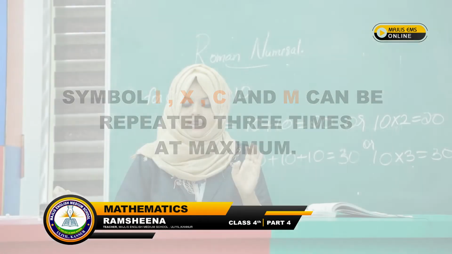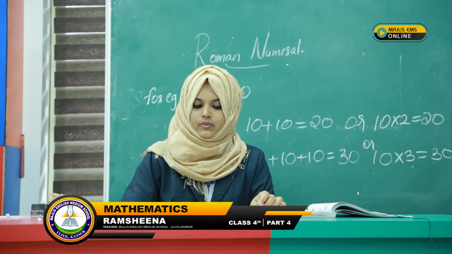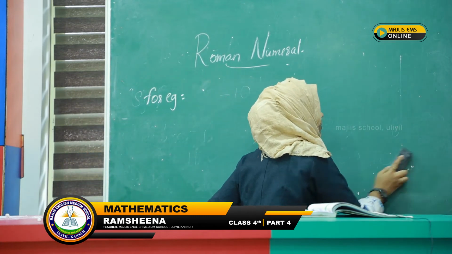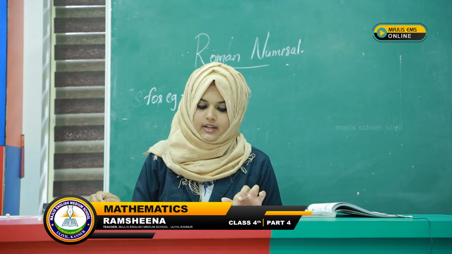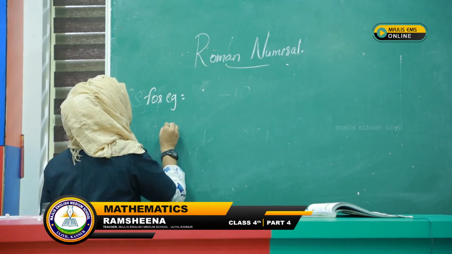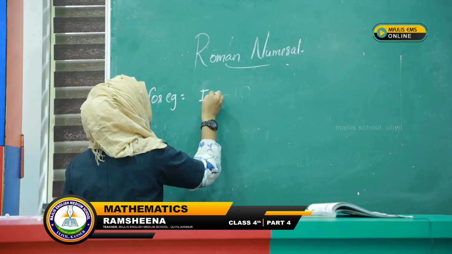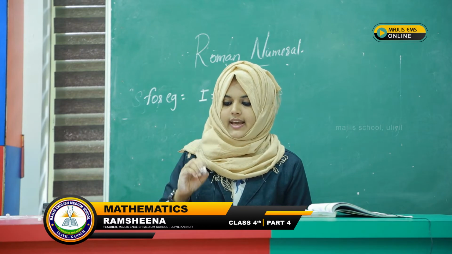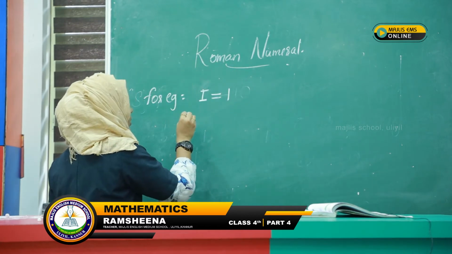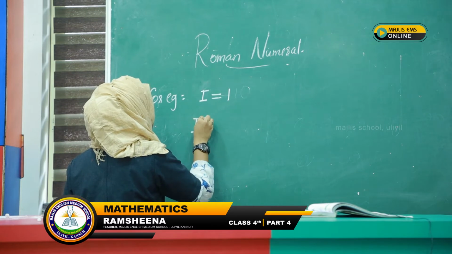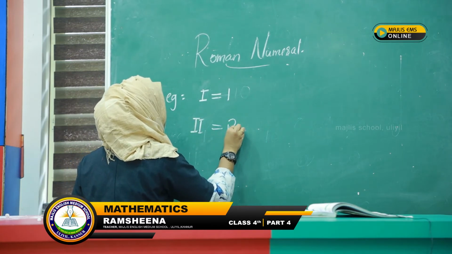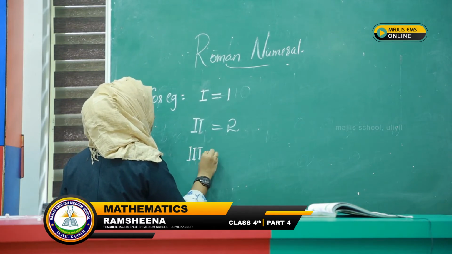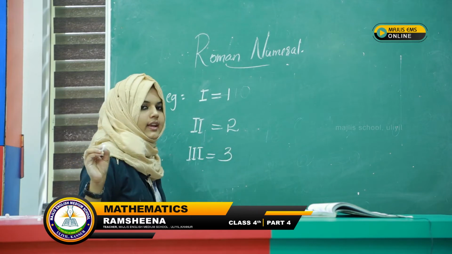So, for example, we can write I as 1, I I as 2, and I I I is equal to 3.